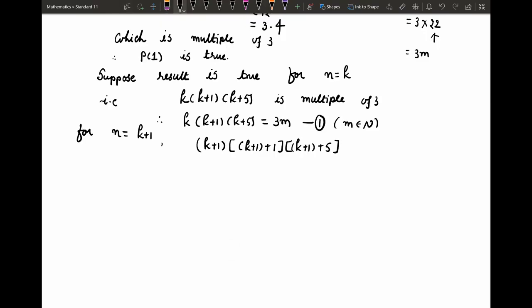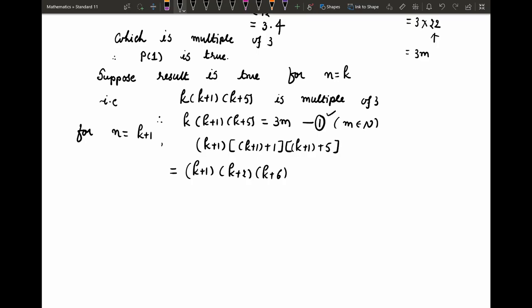Now simplification: k plus 1, k plus 2, k plus 6. Simplification is, now without result 1 we can't prove.